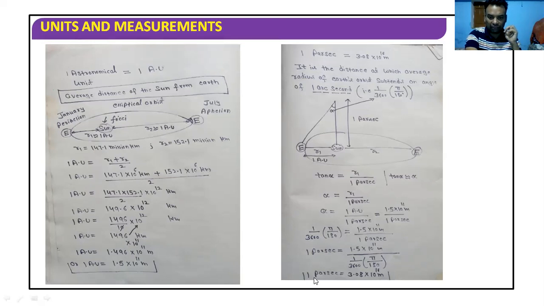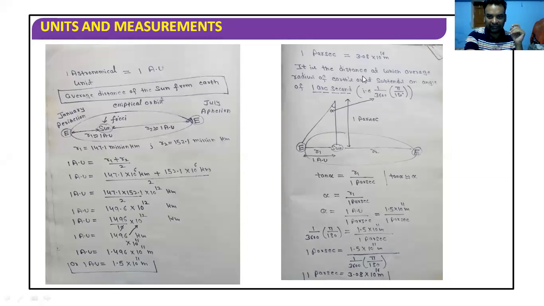After solving this, we get 1 parsec equal to 3.08 into 10 to the power 16 meter.